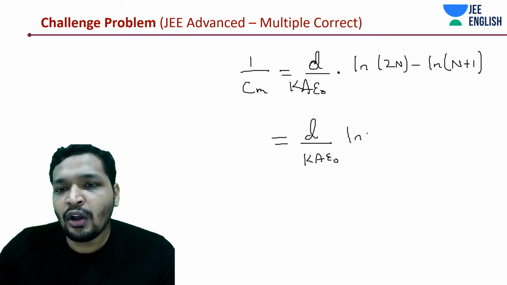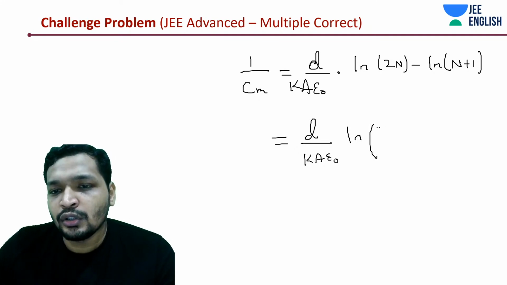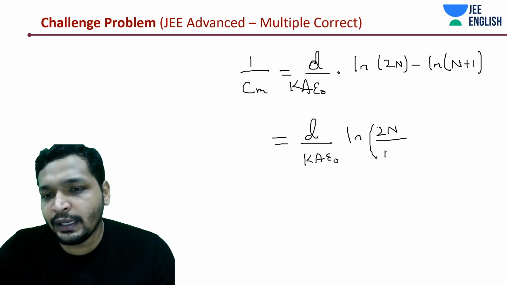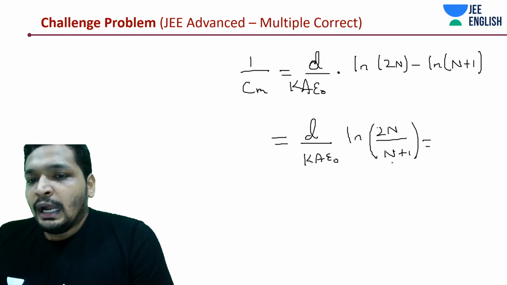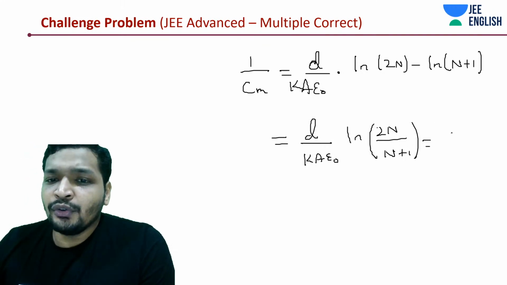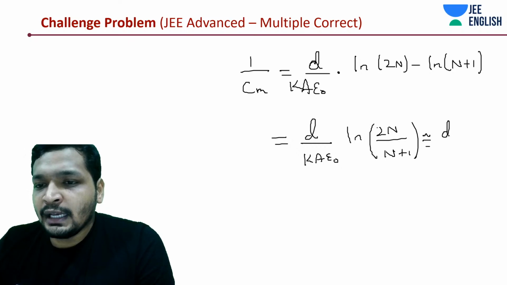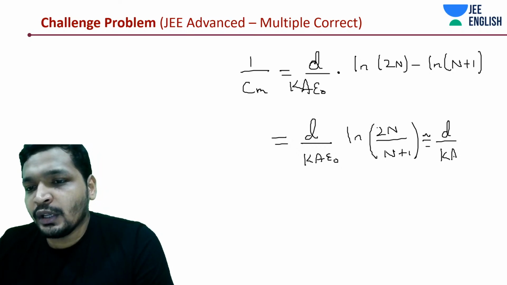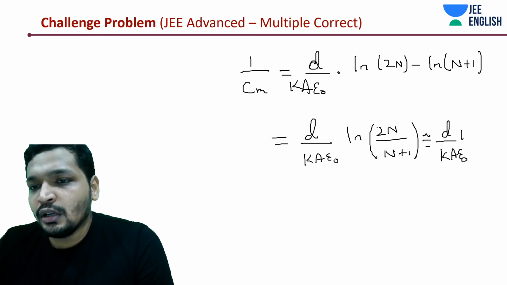It is going to be log of 2n divided by n plus 1. You know how to do this part. And n is very large, 10 to the power 3. So I'm going to write it down approximately as d by k a epsilon naught log of 2n by n, instead of n plus 1.